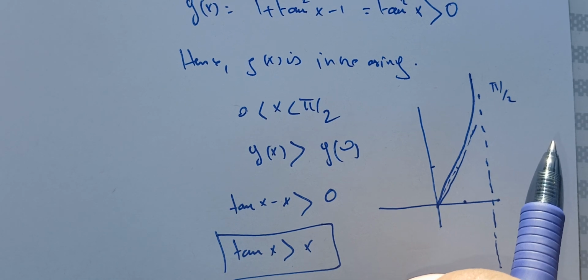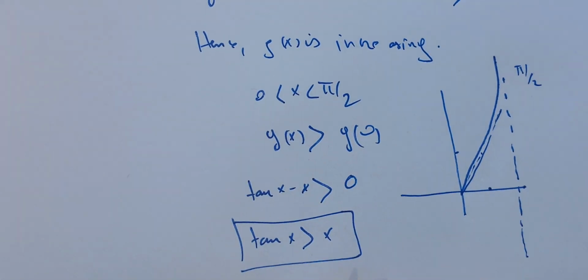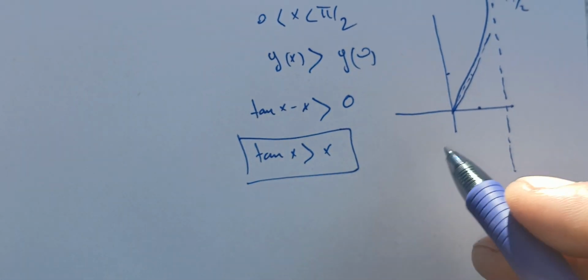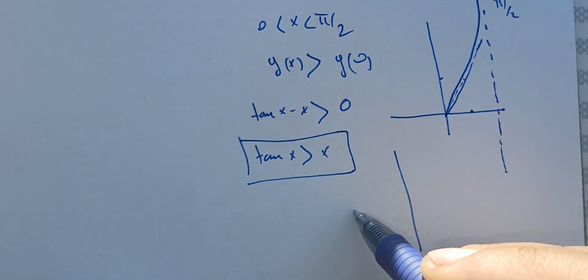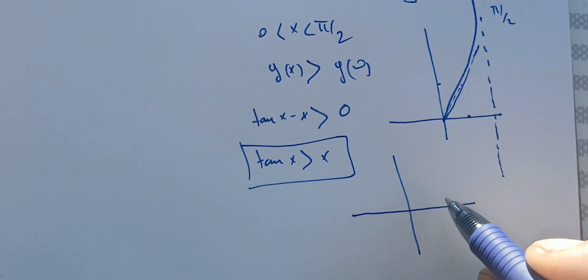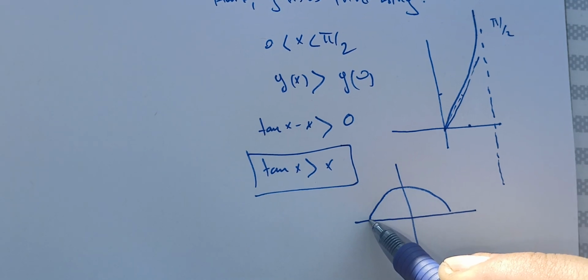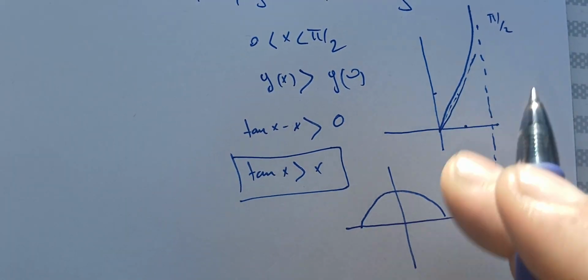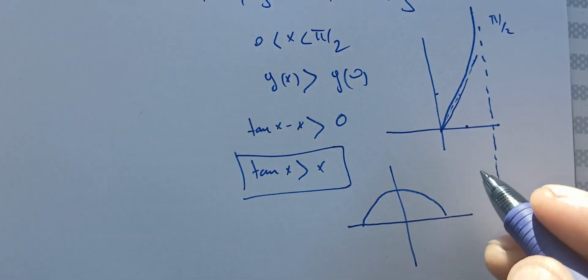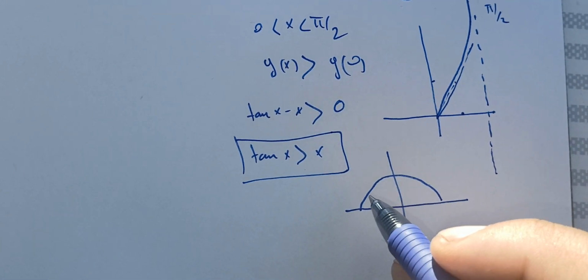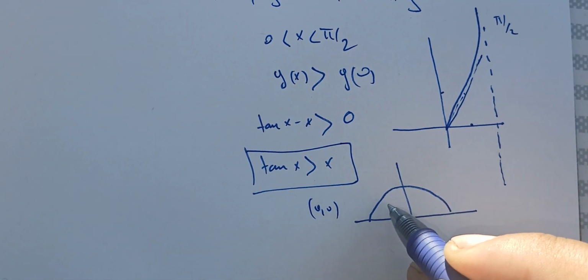There is another way that we can prove this result. We can use some trig identities. So if we use the unit circle, but in our case I'm going to use just the upper half. So here this is the circle centered at (0, 0) and having radius 1.